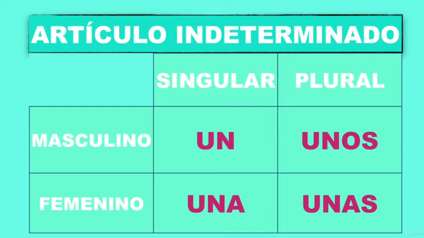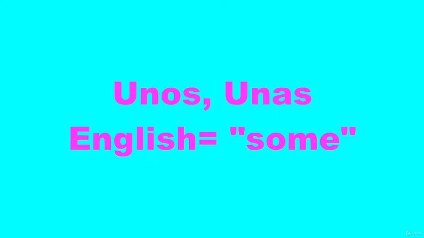And for feminine plural, we use unas. Una in English would be a, and unos, unas in English would be some.